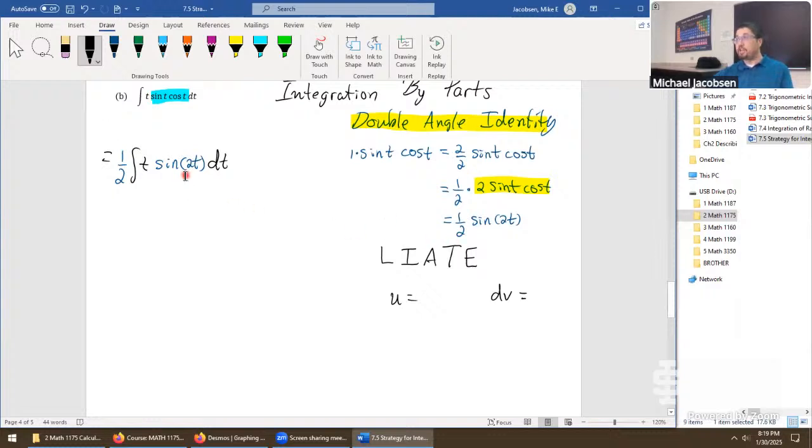The t part is the trigonometric function. It says if you put the trig function here, it's probably going to be a complicated process. We should just put the algebraic function t right here instead. That leaves behind sine 2t dt, and now we're on our way.